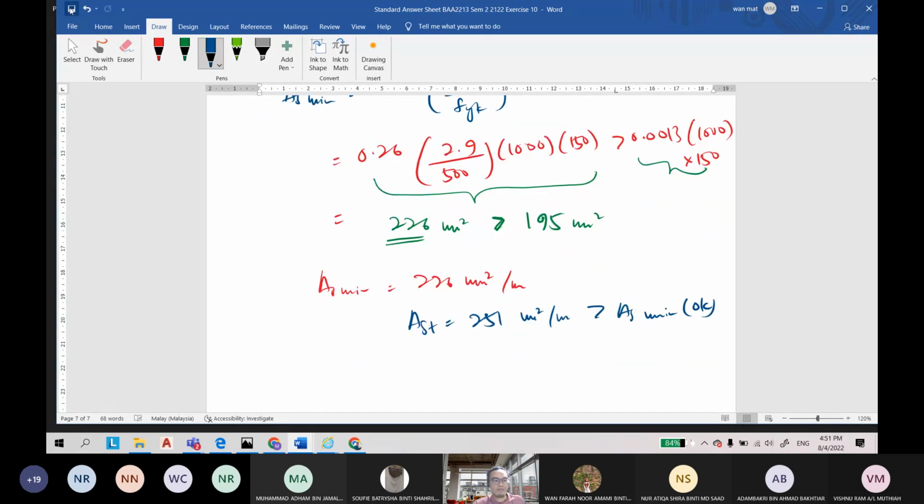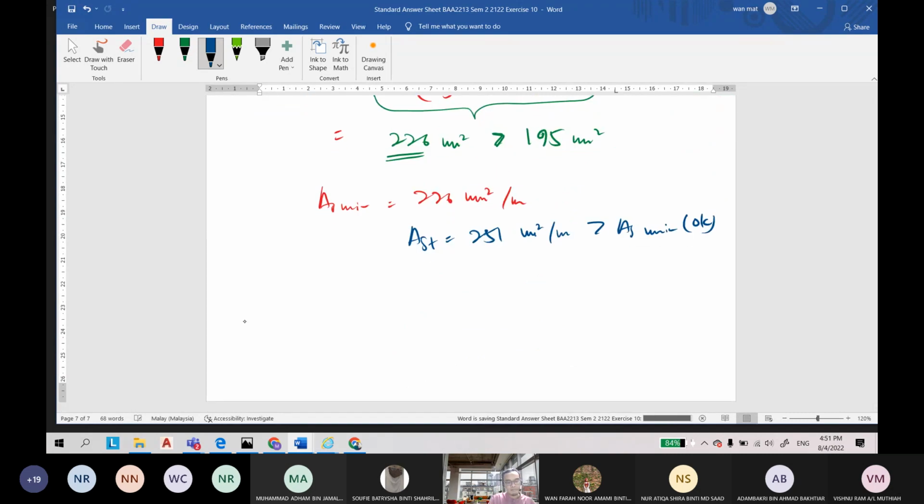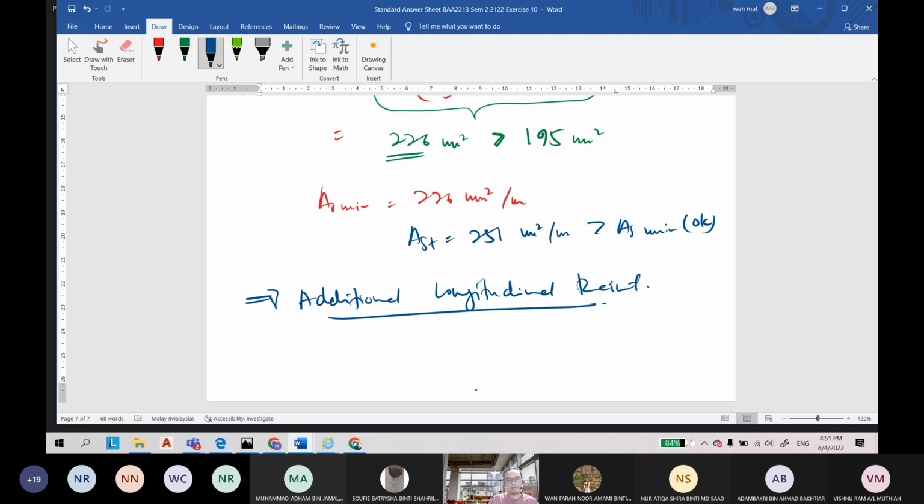The next step, as usual, is to check for additional longitudinal reinforcement. This one is similar to exercise 8 and 9. You just refer to that one to settle, and then you can finish.